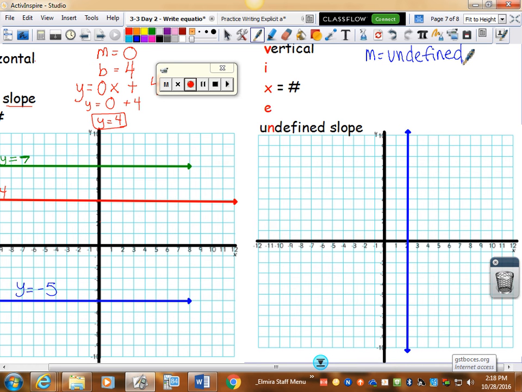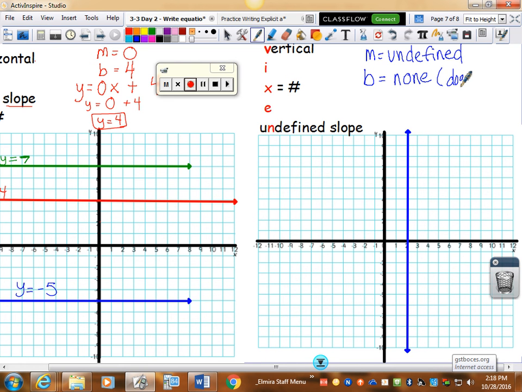All right, so that's my m. I'm already having trouble thinking how I would write y equals mx plus b if my m isn't even a number. And I can't put 0. At least 0 is a number. I could have put that in, but I can't put the word undefined in the middle of a math problem. B, well, there's problem number 2. This blue line does not cross the y-axis at all, ever. There's no y-intercept.